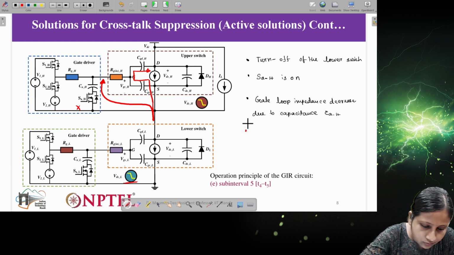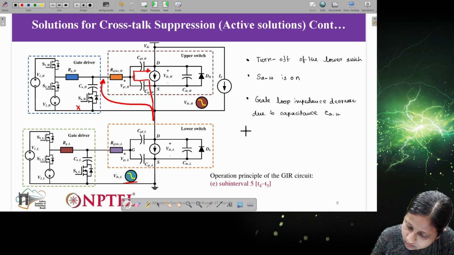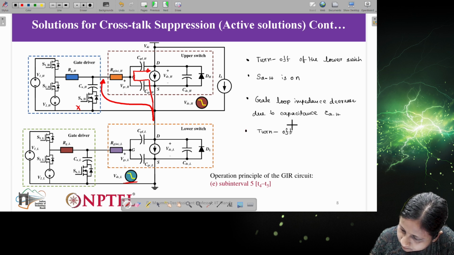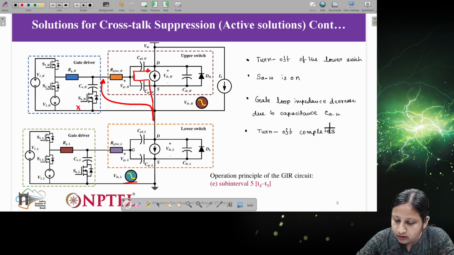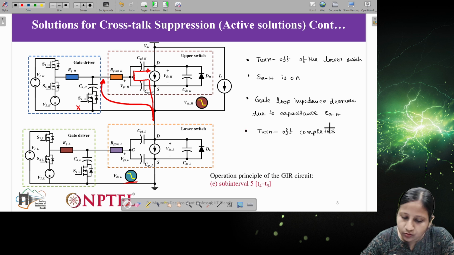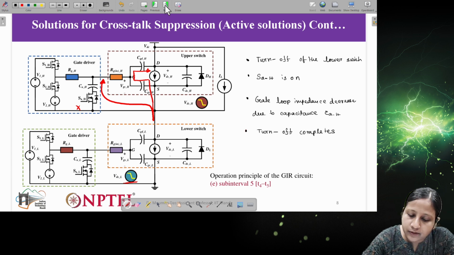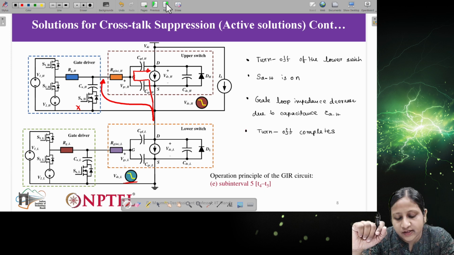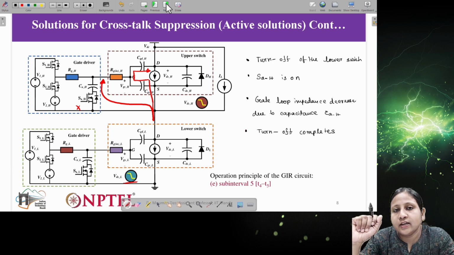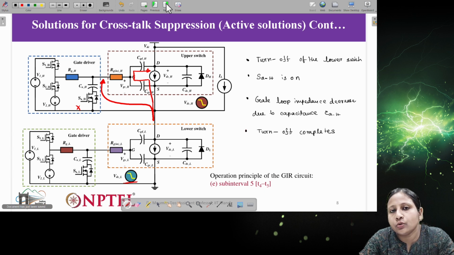So at the end of this subinterval, turn off of the switches is complete in this particular subinterval. Now the turn off part is done. What do we have to do now? We have to make sure that all the conditions remain the same as the first subinterval, so that the switch will be ready again to turn on.